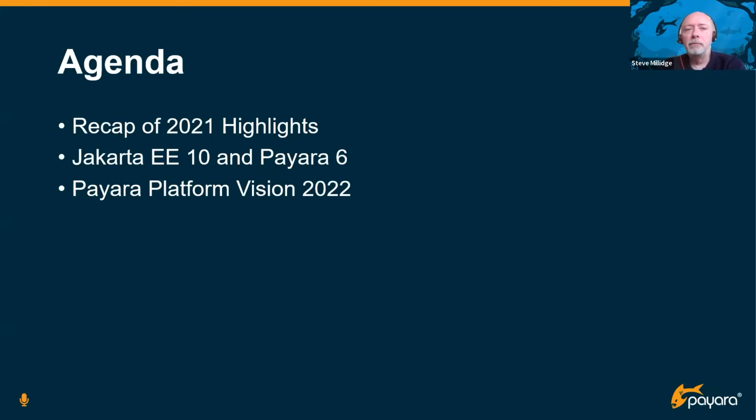And then we'll move into the meat of how we see Payara Platform evolving in 2022, talk about the roadmap for Payara 6, and I'll also cover some of the support areas around that and dates around when versions come and go out of support. And finally, we'll look at later on in the year and some of the broad sweeps that we'll be addressing as we move later into 2022.